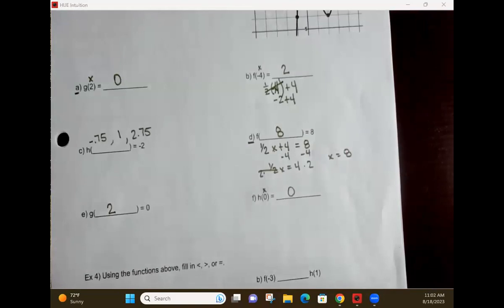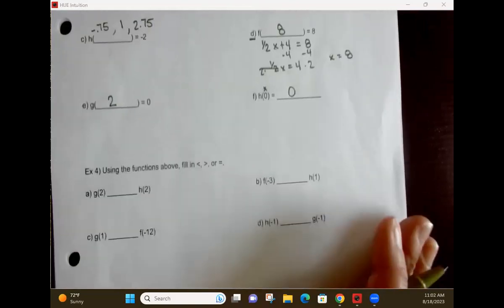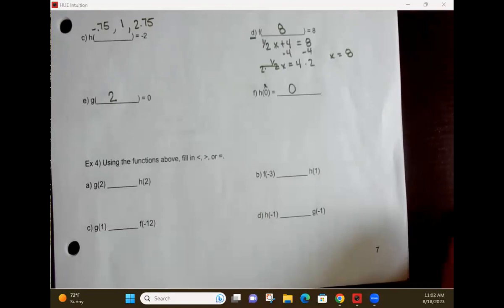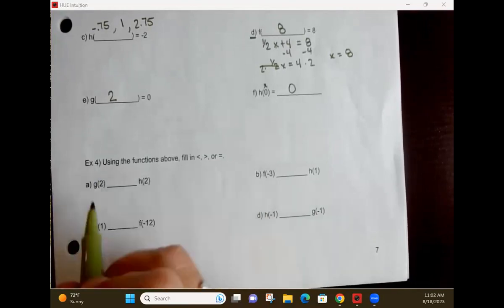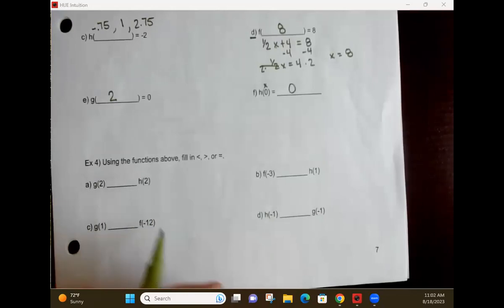Okay. Last thing in our packet for today, using the same functions, f of x, g of x, and h of x at the top, I want you to compare the function values you would get from here. So here's what I mean by that. I've got g of 2 and h of 2.